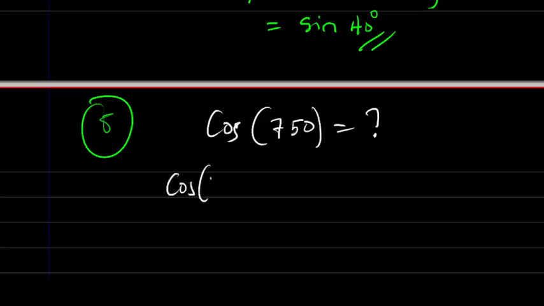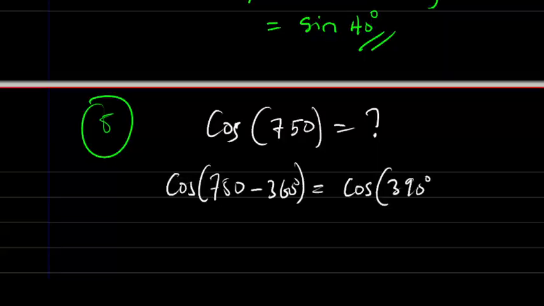So if I say 750 minus 360, that's cos 390 degrees.